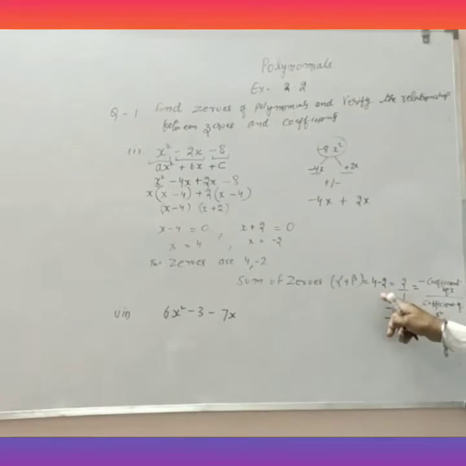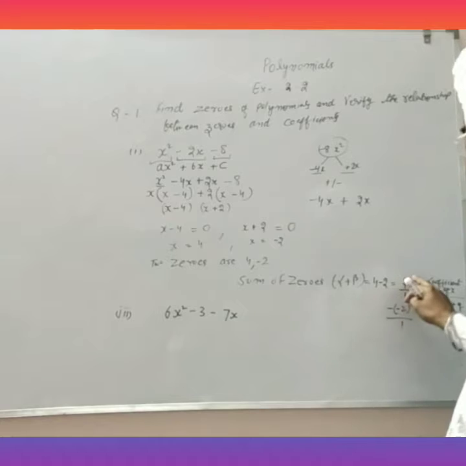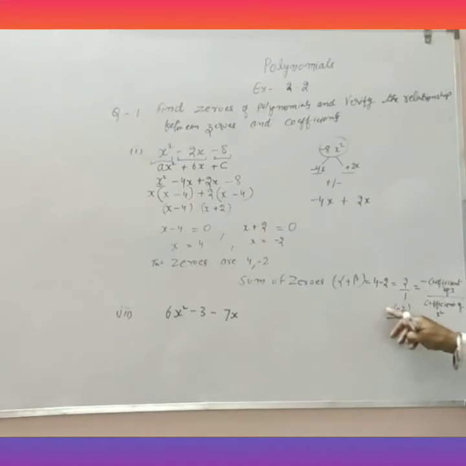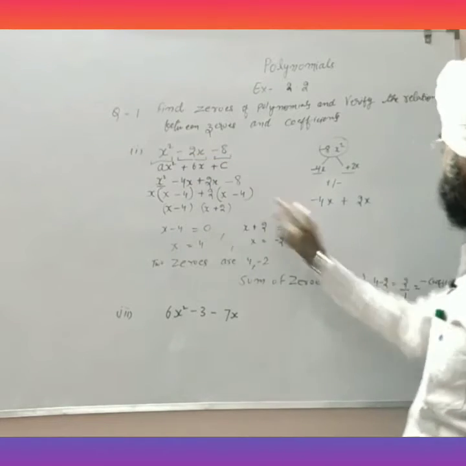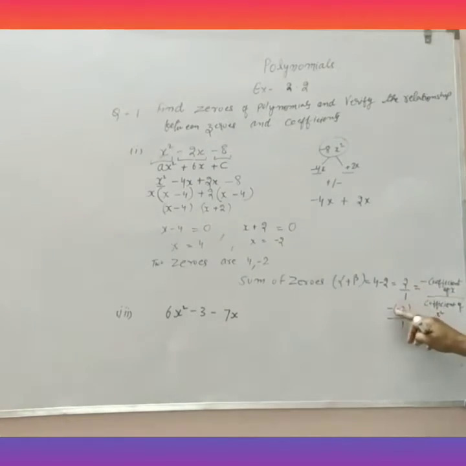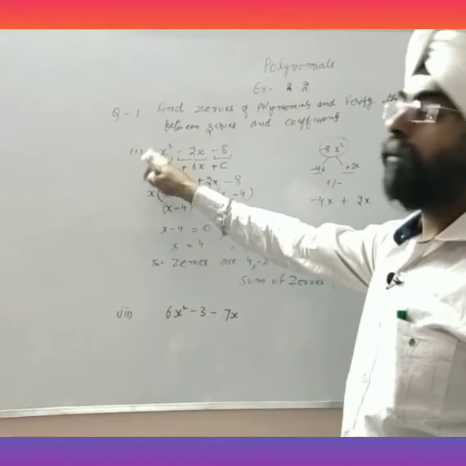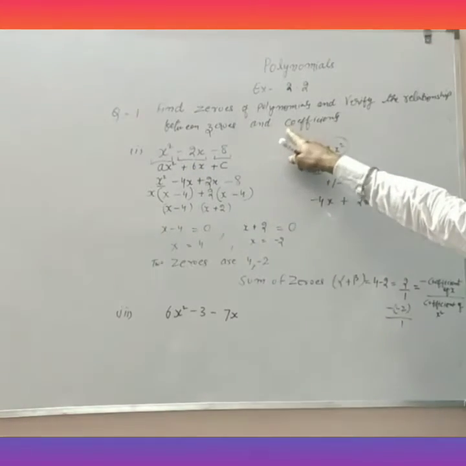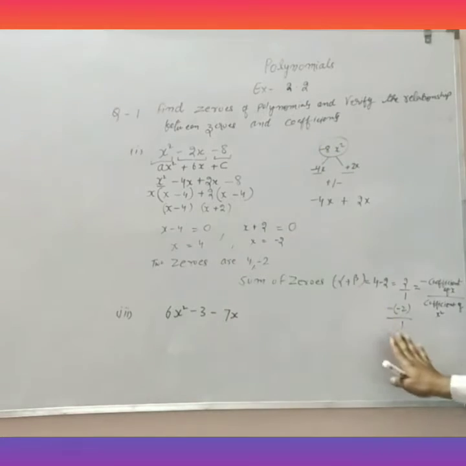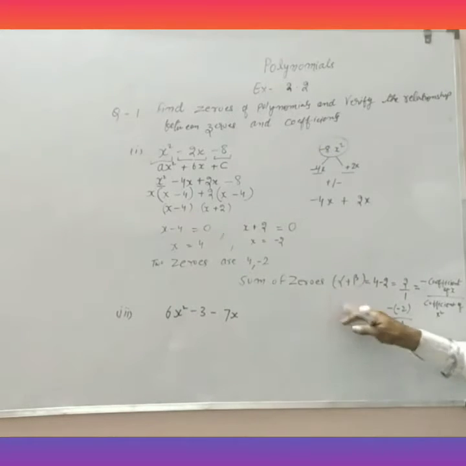I hope you understand this step. 4 minus 2 is 2 upon 1. It can be written as minus of minus 2. Minus 2 I have written because the coefficient of x is minus 2. So minus, and inside the bracket the coefficient of x, and upon 1, which is the coefficient of x square. Understood? So we have verified the relationship between the zeros and coefficients for the sum of the zeros.